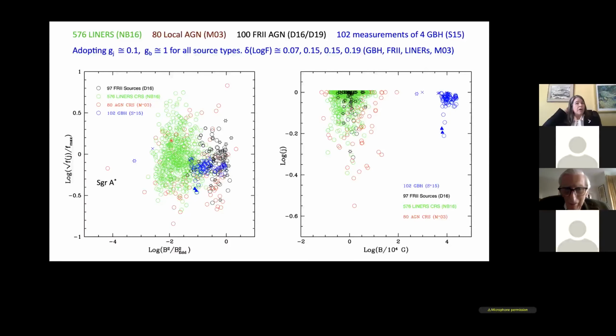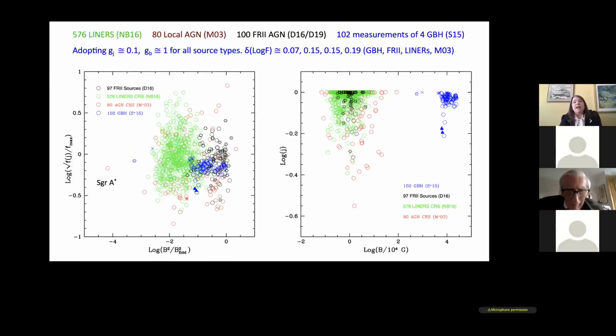We're going to be working on getting those uncertainties lower, decreasing those empirically determined uncertainties. For the FR2s and the LINERs, that value is around 0.15 to 0.2, similar kinds of numbers.